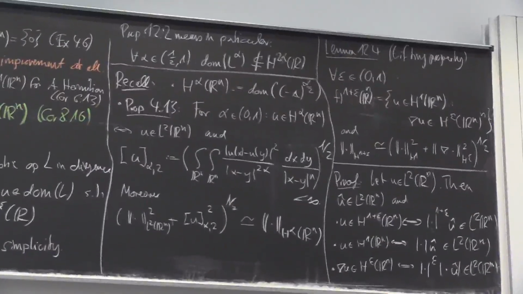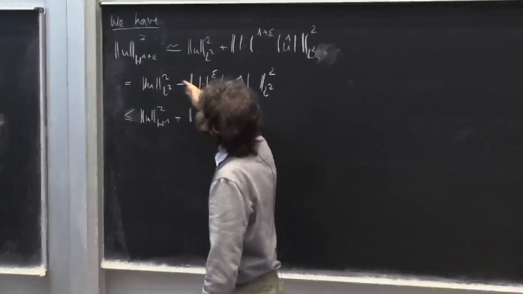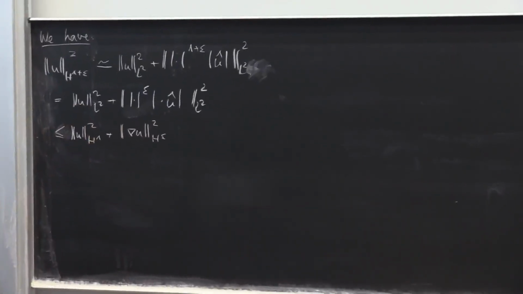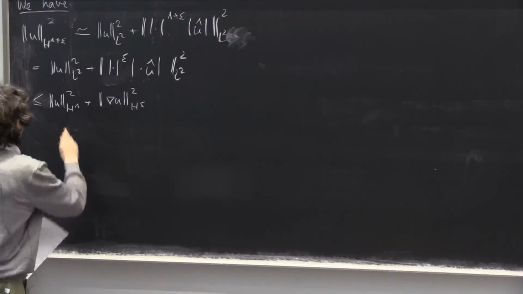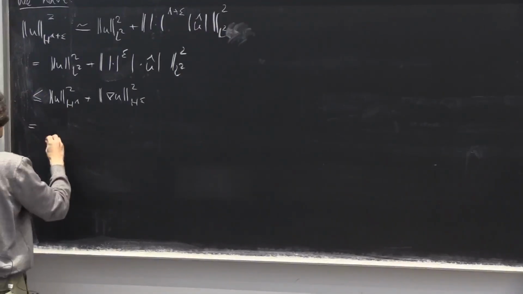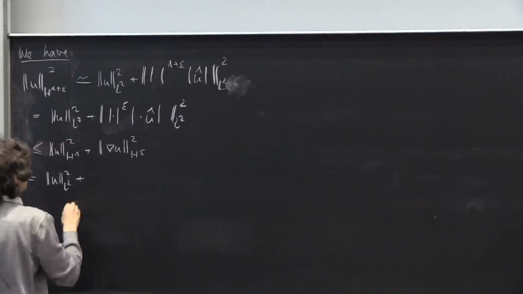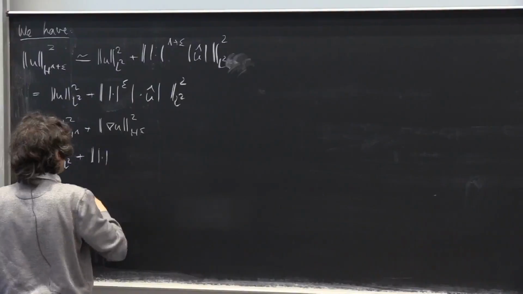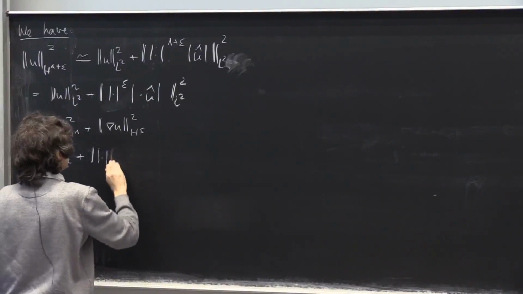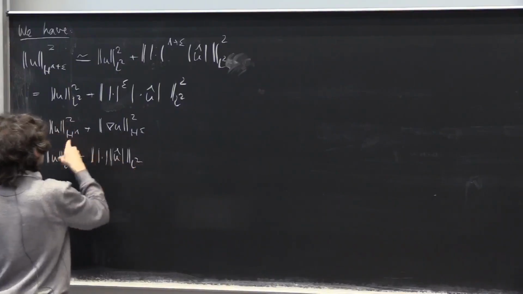Now we have to go back. Yeah? We have to continue estimating from above and ending up there. Okay, so let's write out this H1 norm again. So this is u in the L2 norm squared plus modulus of psi times modulus of u hat in the L2 norm. This is this H1 norm here.